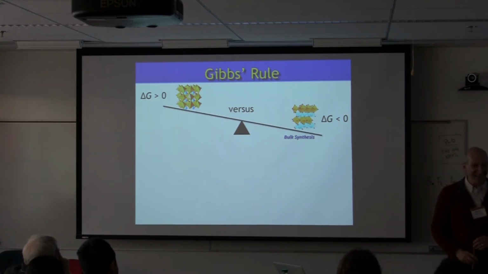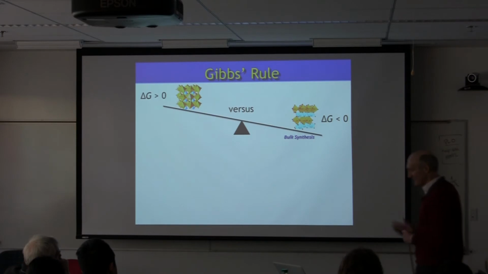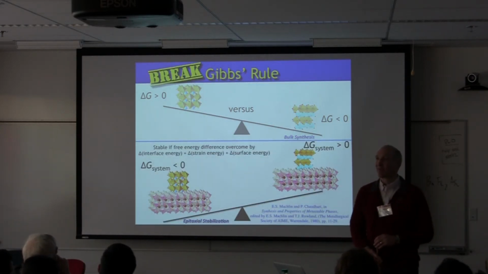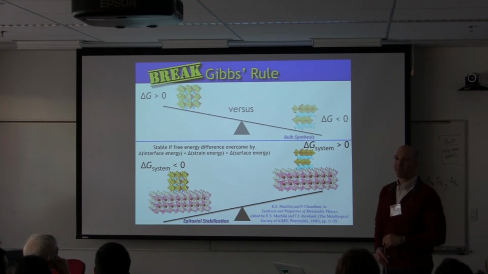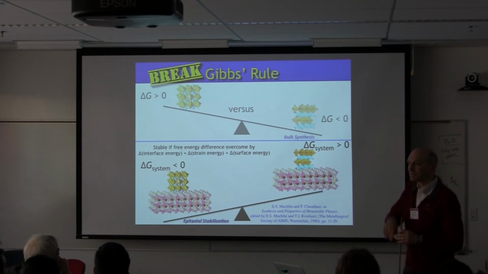It seems to be always that way. Now, one way of changing that is what I'd call breaking the rules. And in truth, I'm not really breaking the rules. I'm just redefining the thermodynamic system to include the substrate.